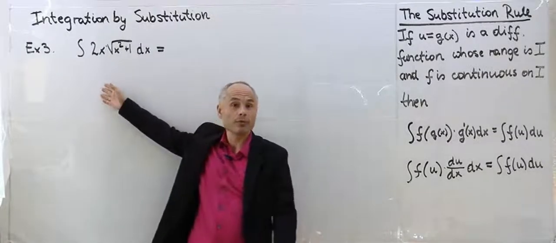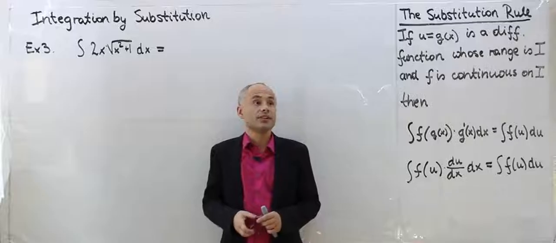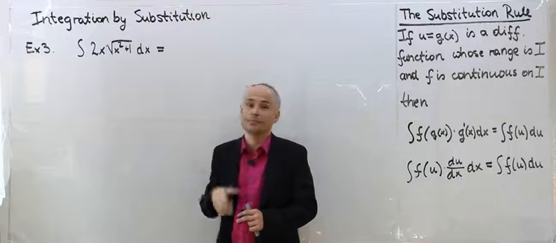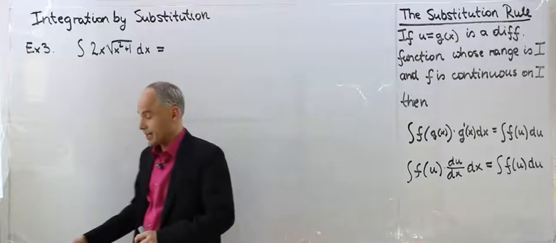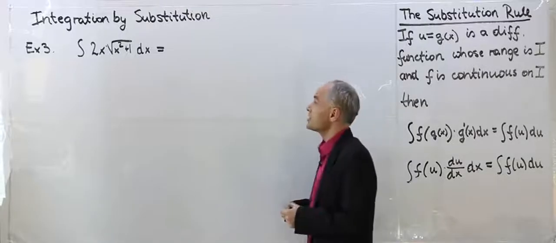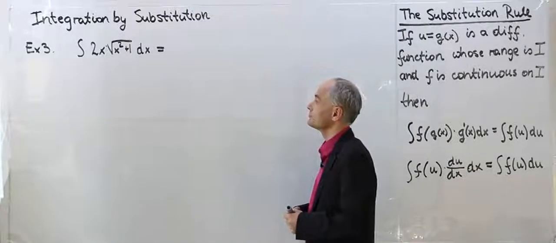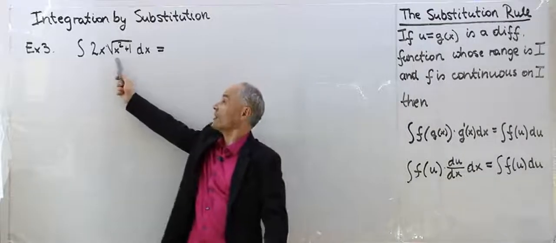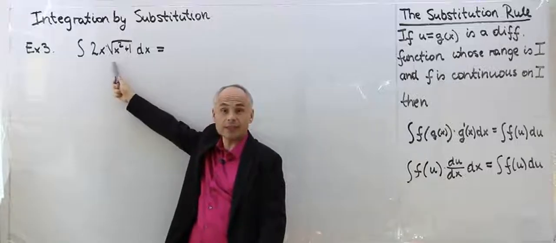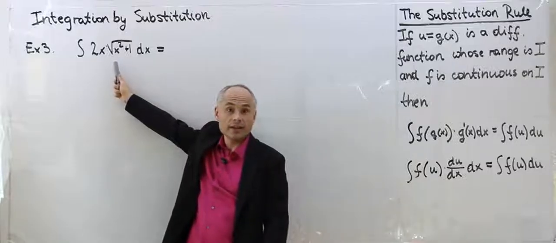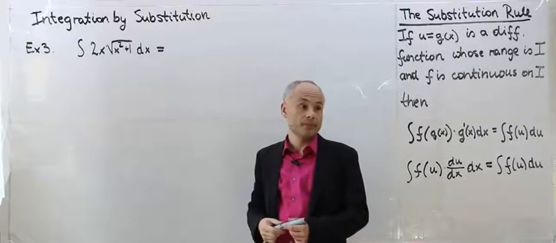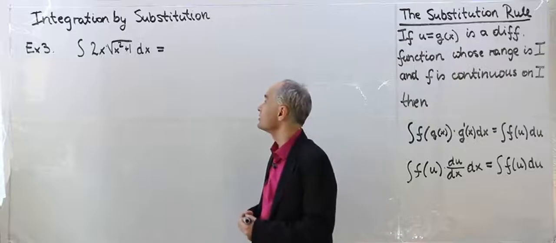In our third example, we will find the general antiderivative of 2x times root of x squared plus 1. Again, a key idea here is to find the right substitution. We see the integrand as a product, but the second factor is more complicated, so probably that would be a composite function, and 2x probably the derivative of the inner function.